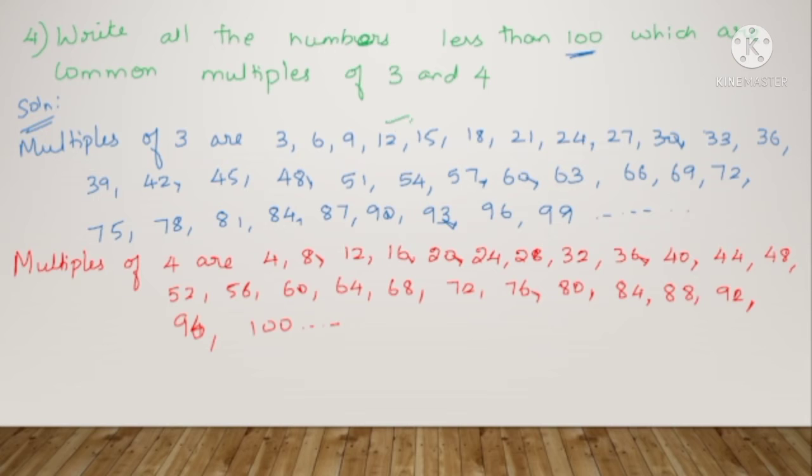I think 12 is present in both the cases. 12, after that 24, and then 36, and then 48, 60 is present in both the cases, 72, and then 84, and then 96. Okay, you can see these are the multiples of 12.